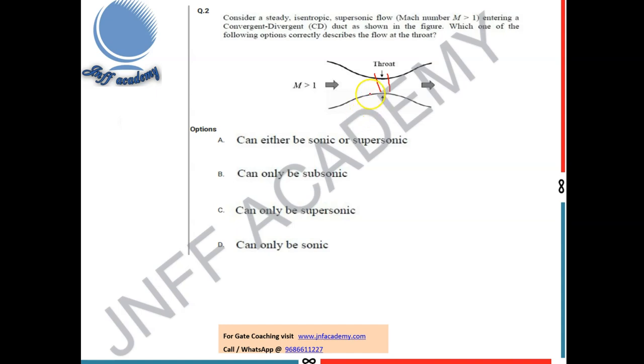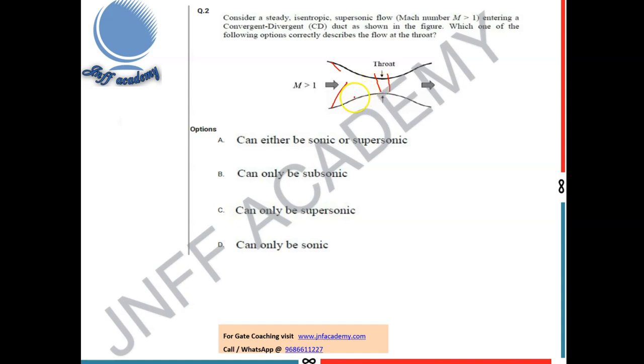We know that as soon as the flow is more than sonic, it is supersonic, and it is coming in. So obviously an oblique shock will be formed in this inlet. But by the time it reaches the throat, it has to be sonic. If it's supersonic, it will get a normal shock to make it sonic, right?